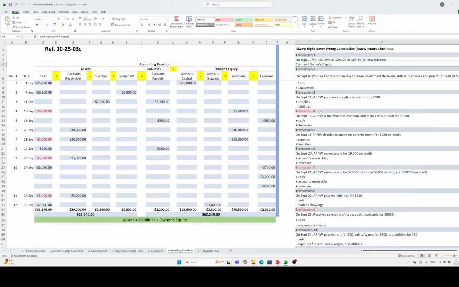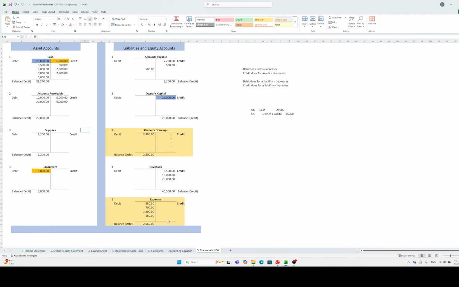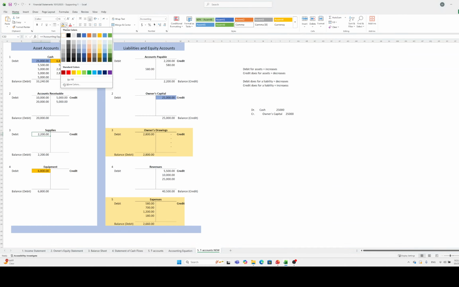Then we've got transaction number 3. We buy supplies on credit. So supplies by $2,800. So you see the supply is debited. I'm changing the color, and then it's on credit. So that means it's accounts payable. Where is accounts payable? It's here.